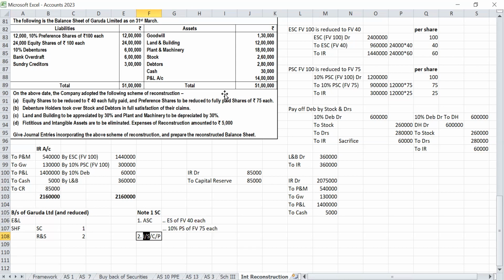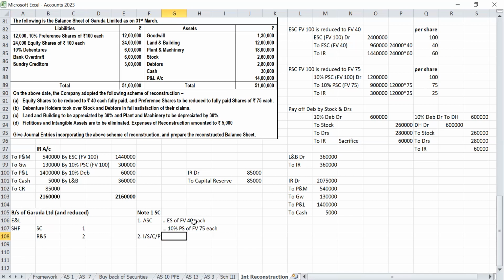I have issued 10,000. They have applied only for 9,000. So subscribed will be less. Then of face value 75, how much have I called? Of 75, 60 I have called. 15 rupees final call is pending. That is the called up capital. Paid-up capital: how much I have called minus calls in arrears is equal to paid-up capital. So the hierarchy: first authorized, next issued, subscribed, called up, paid up.